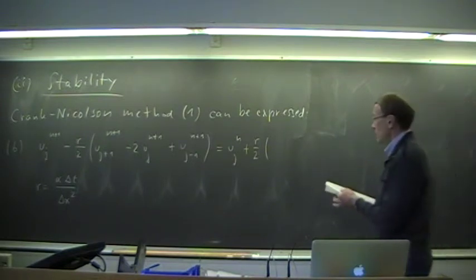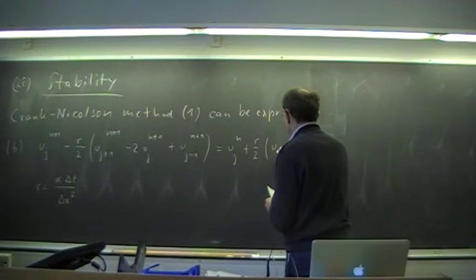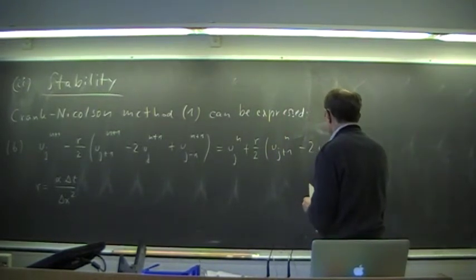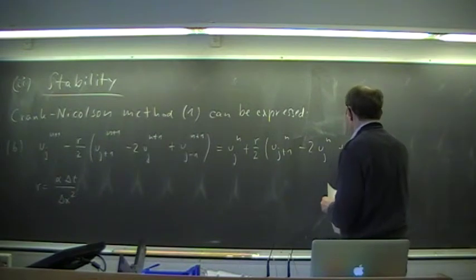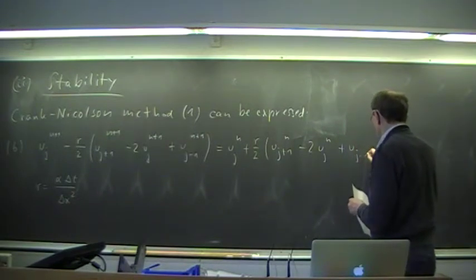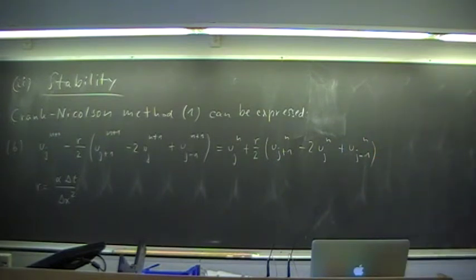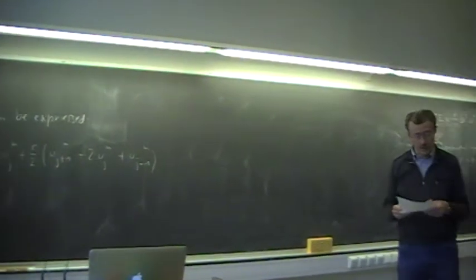So let's complete that: u j plus 1 n minus 2 u j n plus u j minus 1 n. So then we have this form that is suitable to do the stability analysis.